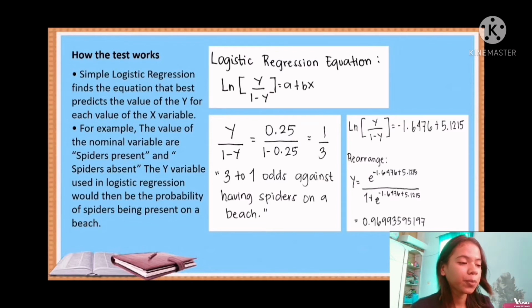So if you went to a beach and wanted to predict the probability that spiders would live there, you could measure the sand grain size, plug it into the equation, and get an estimate of y, the probability of spiders being on the beach.